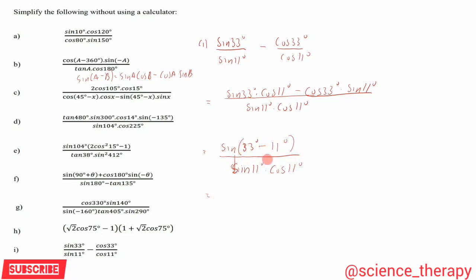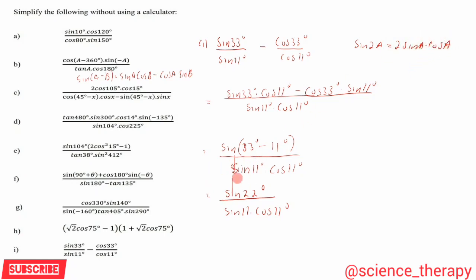Then what is 33 minus 11? That gives us sine 22 degrees, and then over sine 11 degrees cos 11 degrees. Now looking at this, you can see that this one is a double angle. We have a situation of a double angle where we know sine 2A is equal to 2 sine A cos A, right?